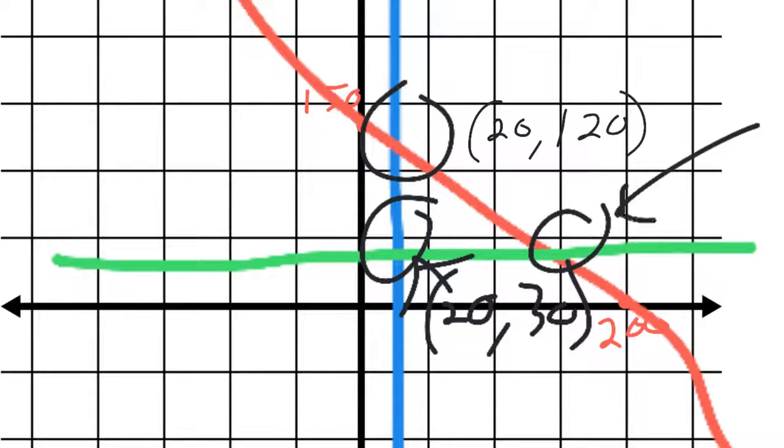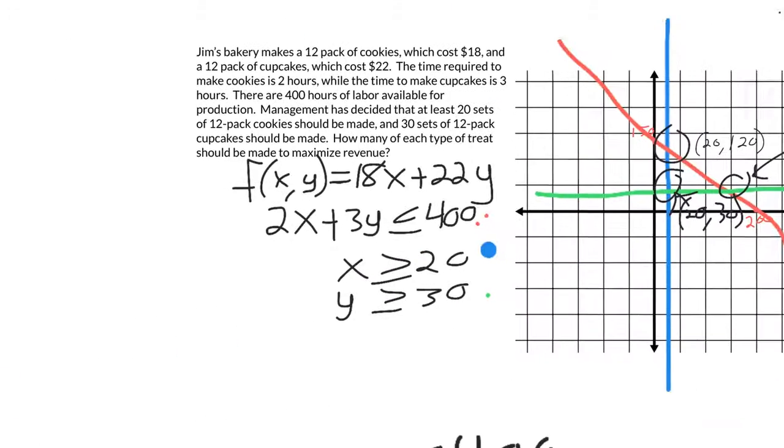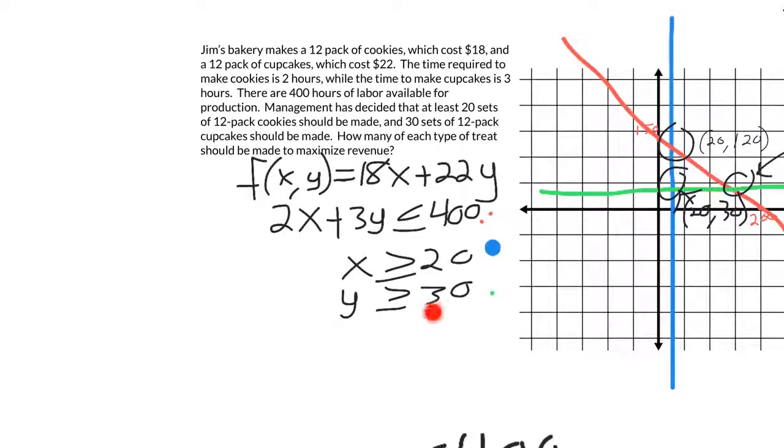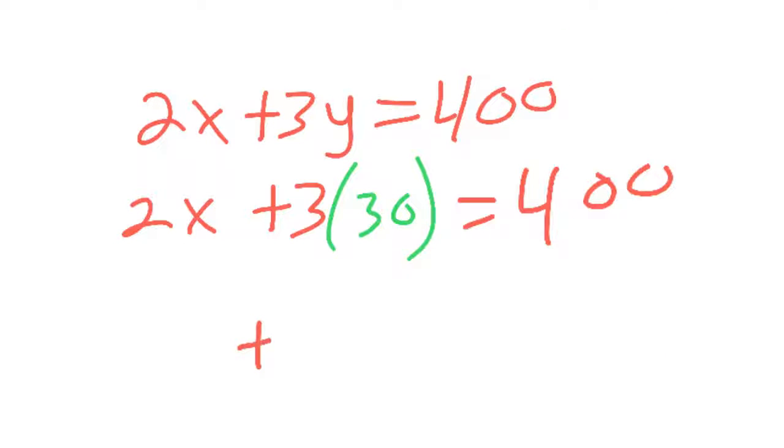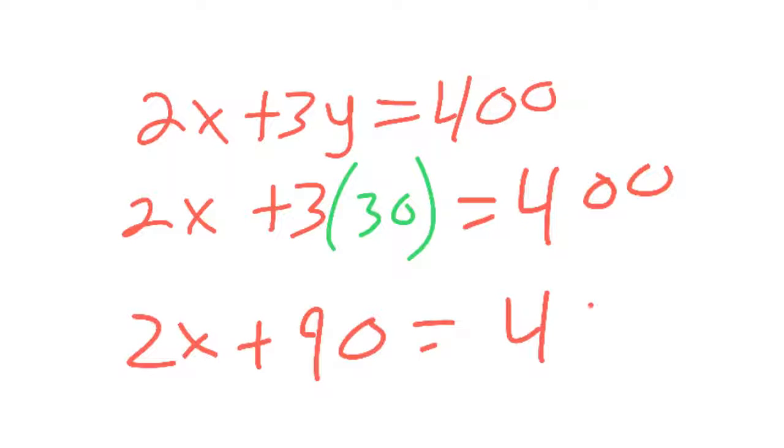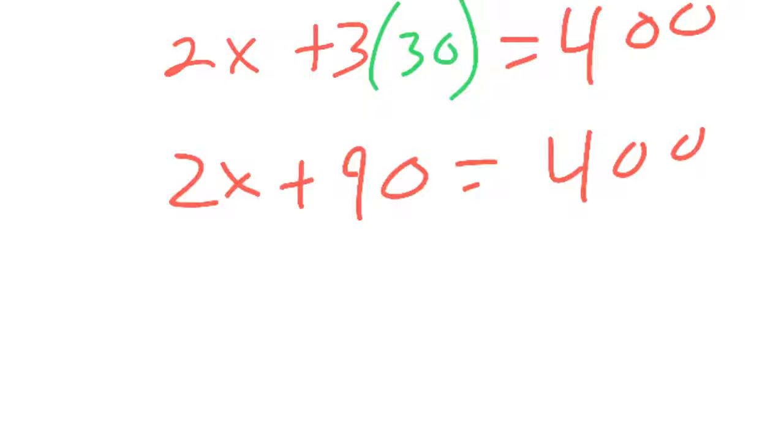And then to find this one, this is where y equals 30, the equation of the line y equals 30. So we got to find out where that intersects this red line. So we'll do just what we did before. We'll plug in 30 in for y into the red inequality. So simplifying from here, you got 3 times 30 makes 90. Subtract 90 from both sides, you get 2x is 310.